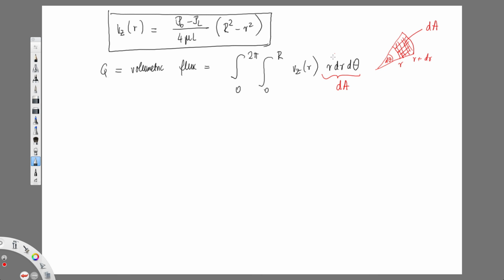So when you do this integration, that part is now easy. You will get (P0 minus PL) over 8 mu L, R to the 4, times pi.